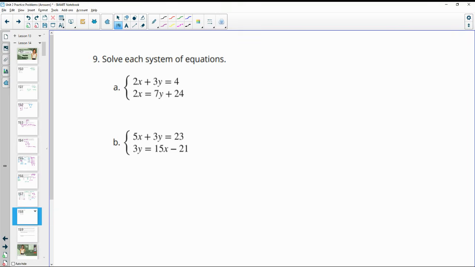Number 9, solve each system of equations. So this one has 2x solved for, and that's nice because we see 2x right here. So we can just plug into the top equation 2x plus 3y equals 4, and we know that 2x is equal to 7y plus 24. So you can just plug that in, and then combine your like terms.